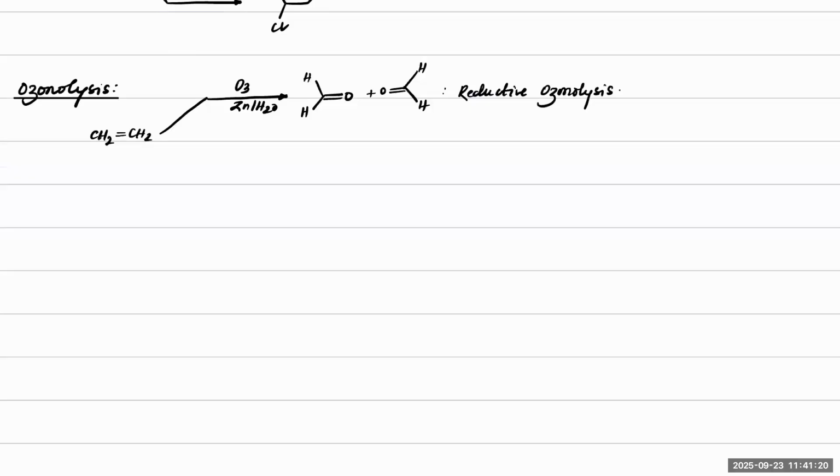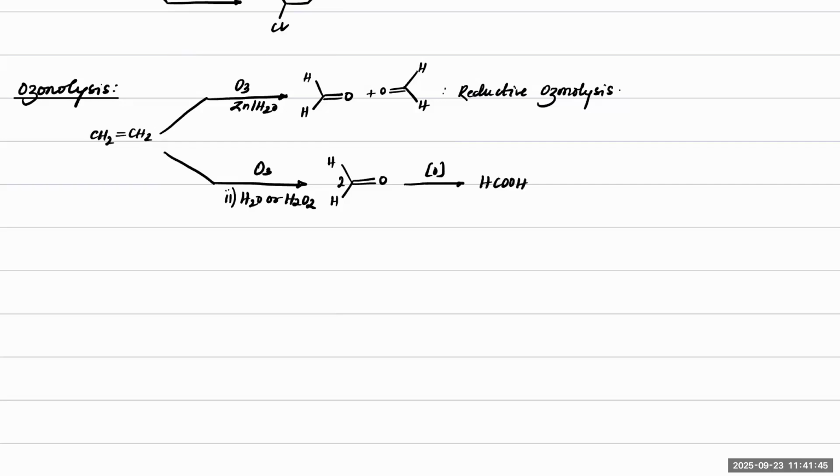Clear? While if we have O3 in the presence of water or H2O2 or both, first it will give 2 moles of aldehyde, but this aldehyde will get further oxidized to convert into acids, HCOOH.